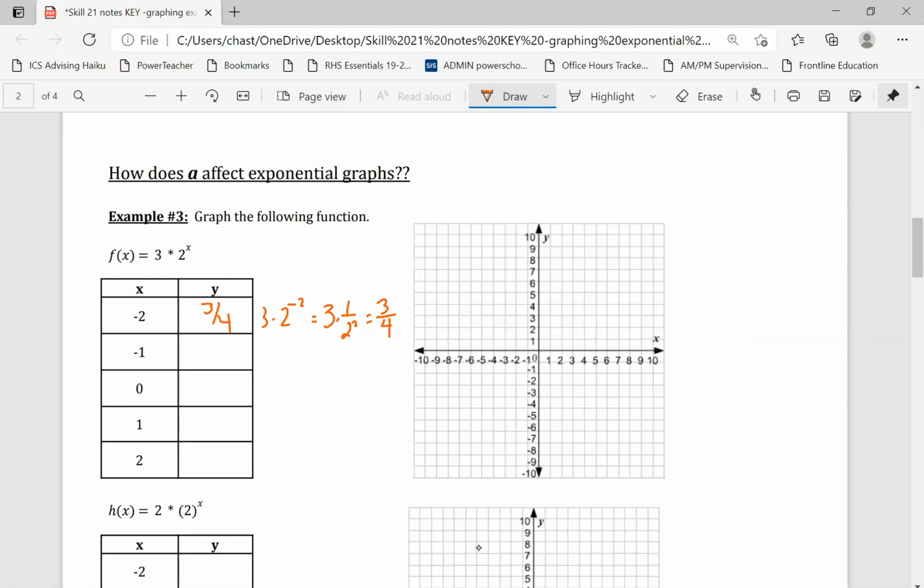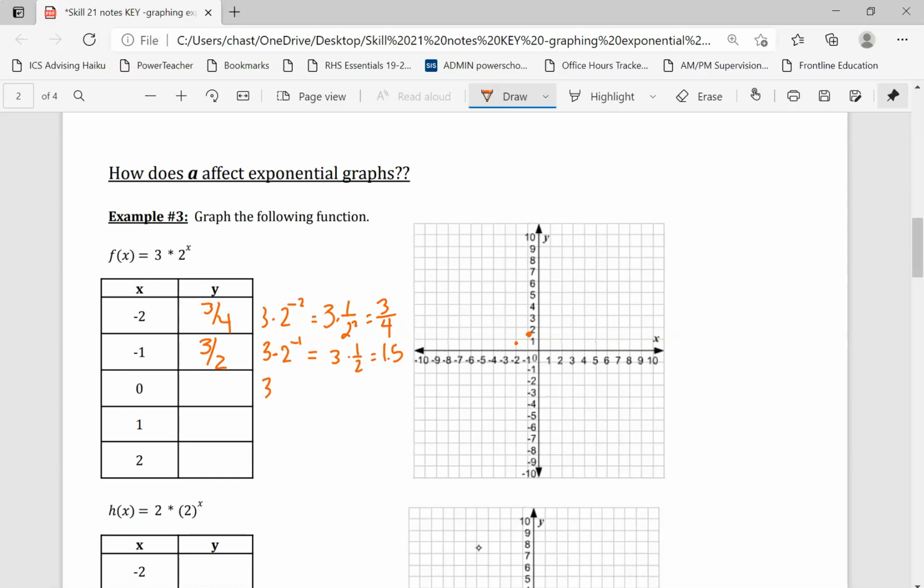So at negative 2, I'd have 3/4. If I plug in negative 1, I'd have 3 times 2 to the negative 1, which would be 3 times 1/2. Half of 3 is 1.5, or you could say 3/2. But I'm going to use 1.5 in my thought process, so it would be here.